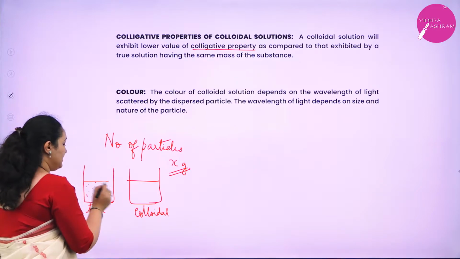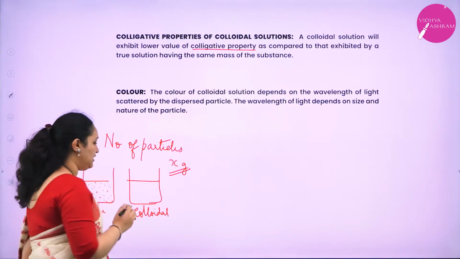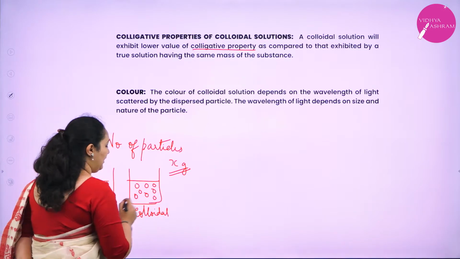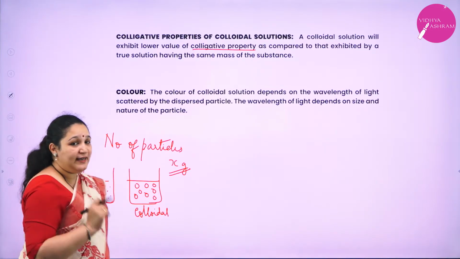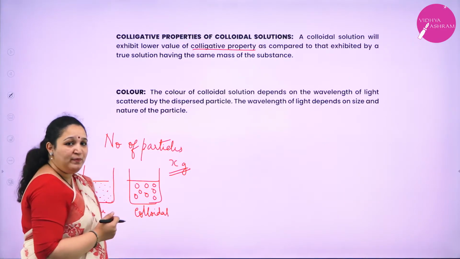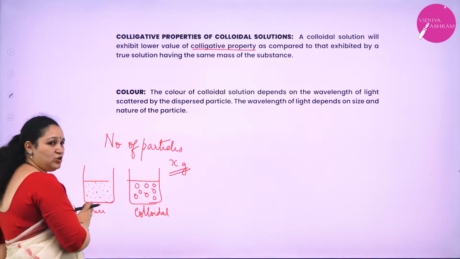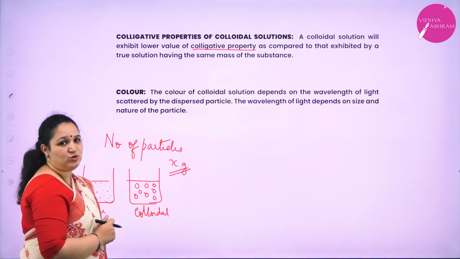Whereas in the colloidal solution, the particle size is larger, thus the number of particles is lesser. And I told you colligative property depends on the number of particles. So obviously the colligative property value for a true solution will be higher compared to that of the colloidal solution.